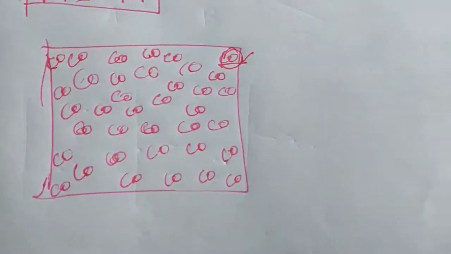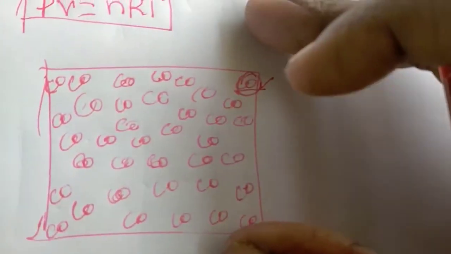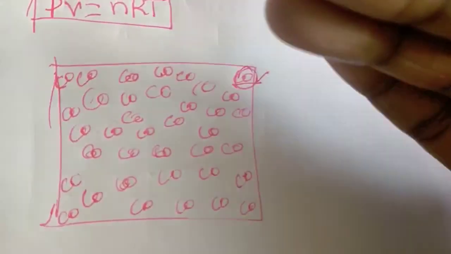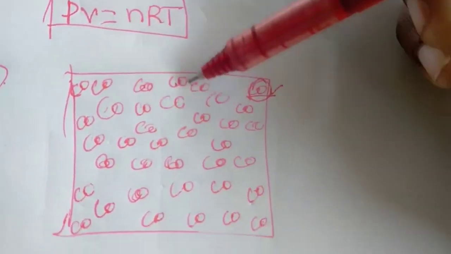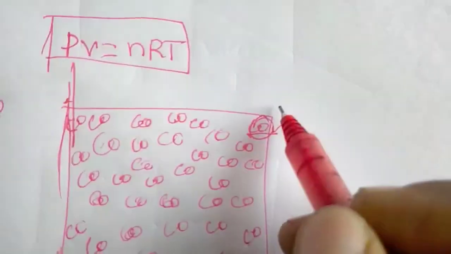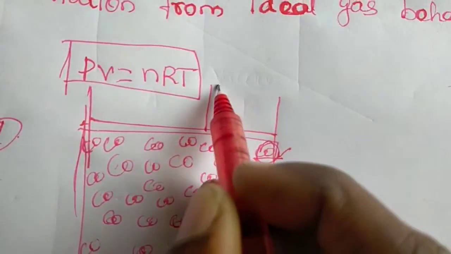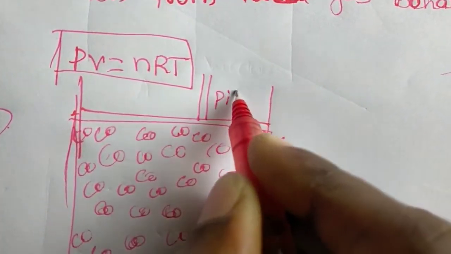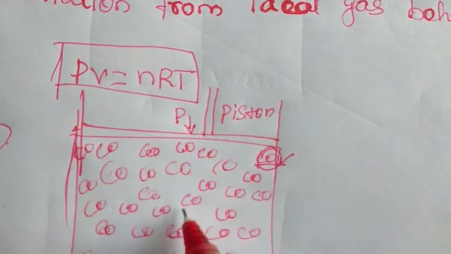Reducing the temperature and applying pressure to the carbon monoxide, this carbon monoxide gas goes into the liquid form. Now, what happens when pressure is applied? The pressure is applied by a piston like this, applying pressure to this gas.